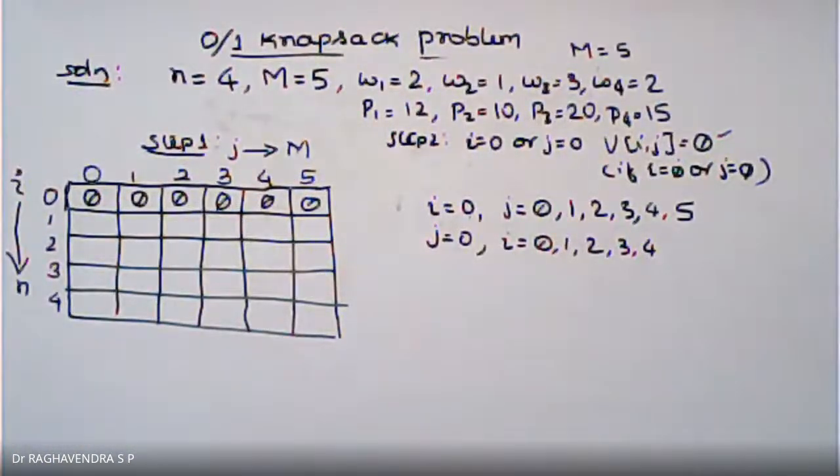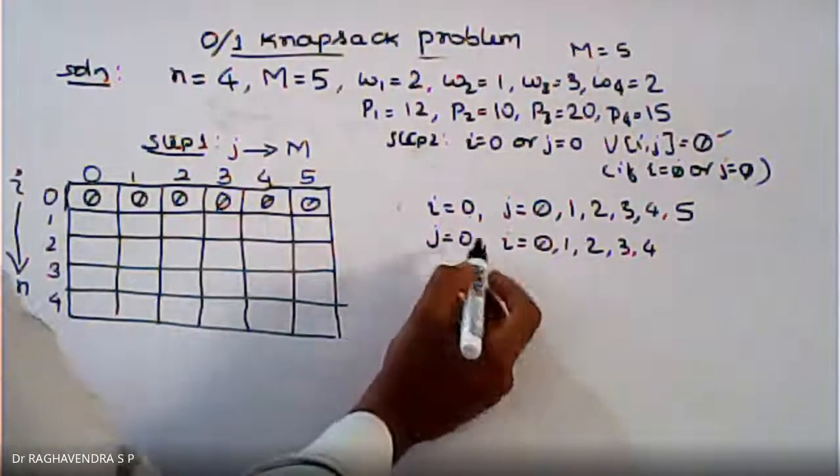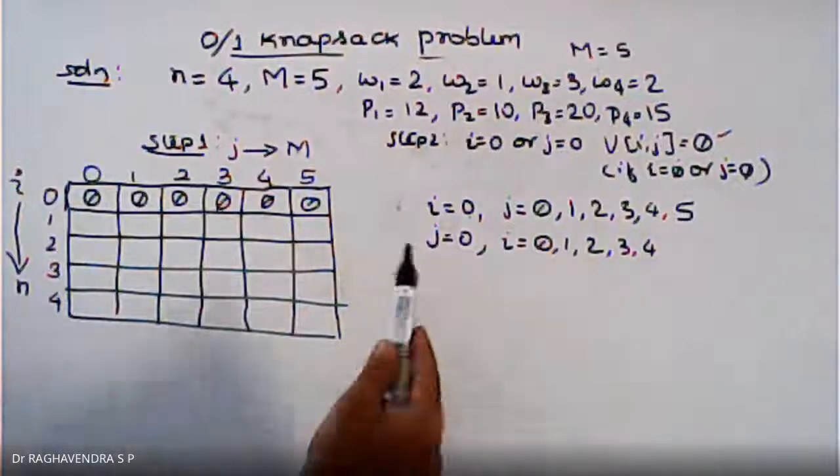The profit V of I comma J is equals to 0. Look carefully at the screen.